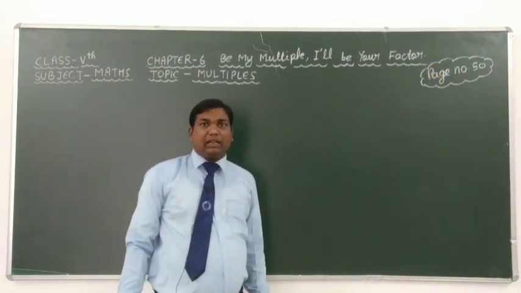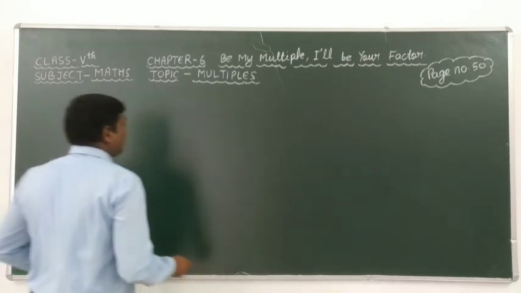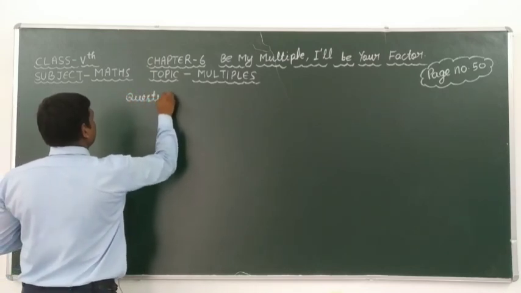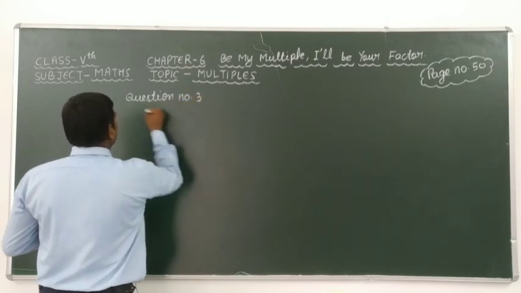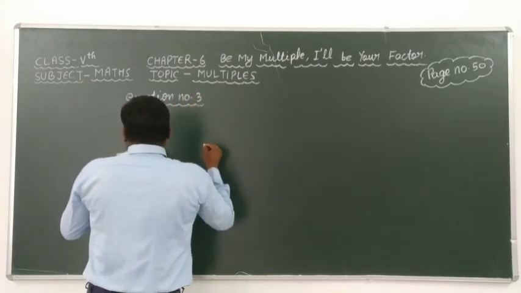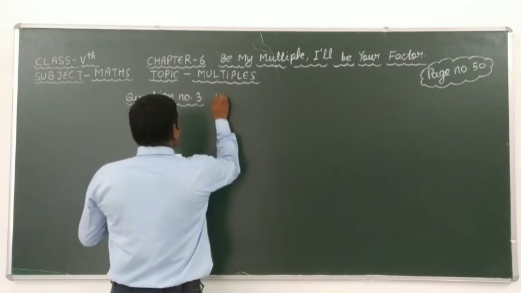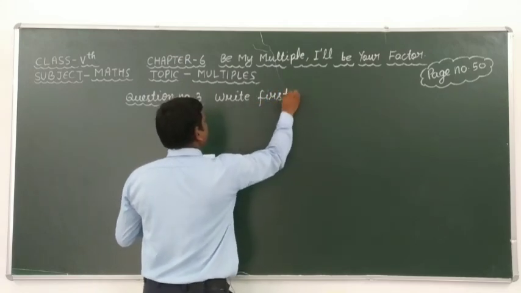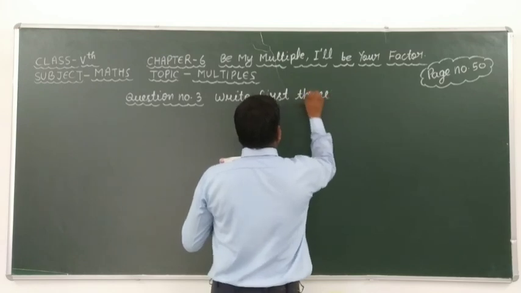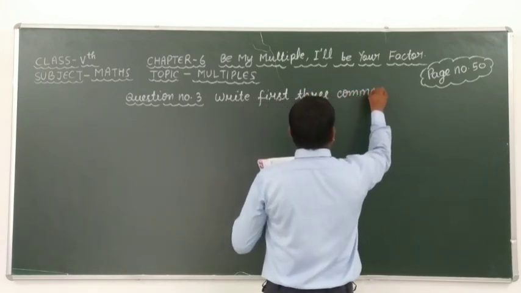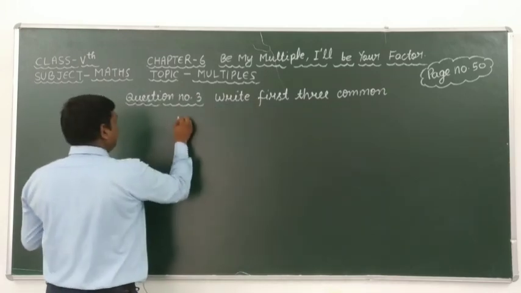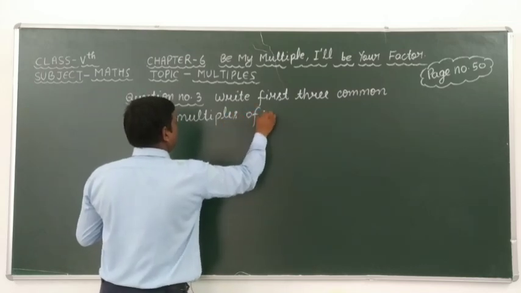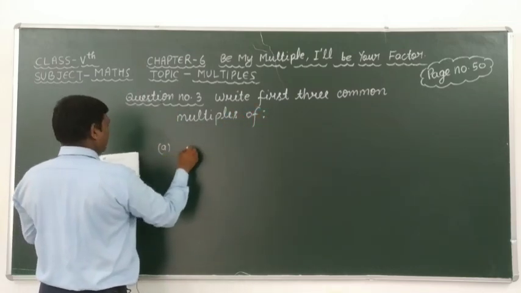Okay students, now let's start question number 3. In question number 3, it is given: write first three common multiples of 4 and 6.